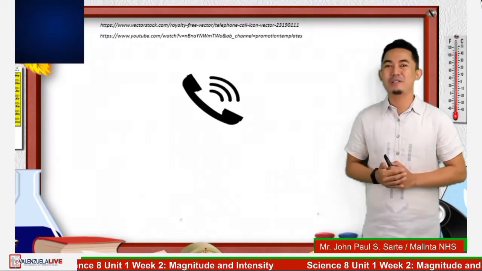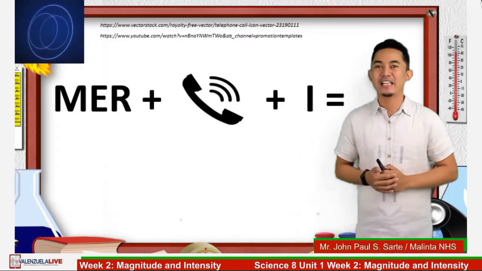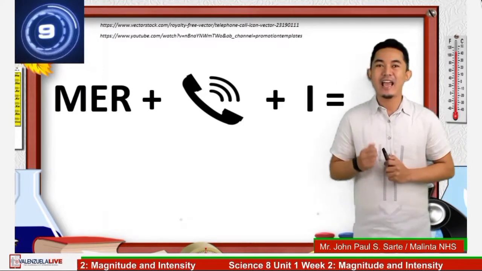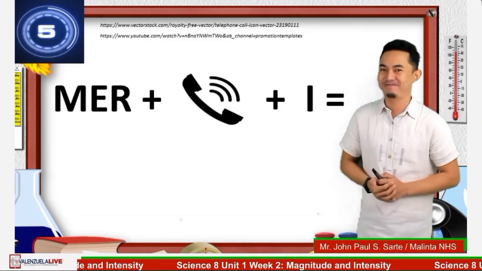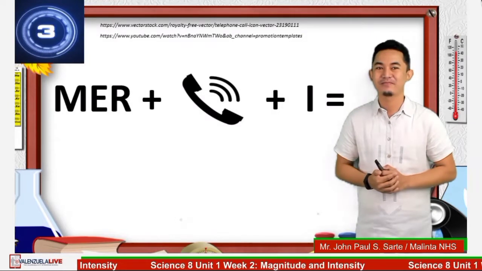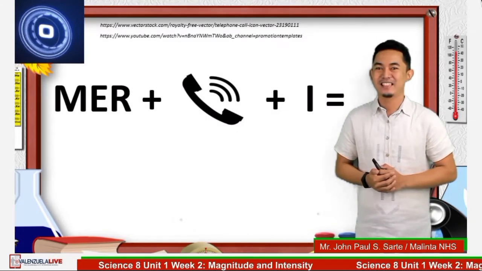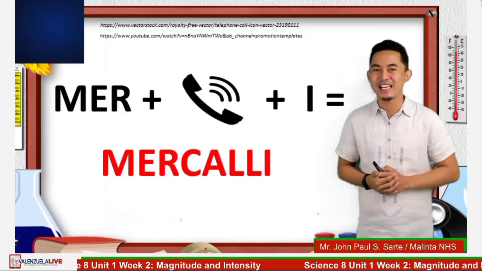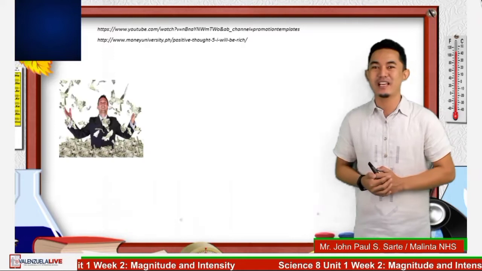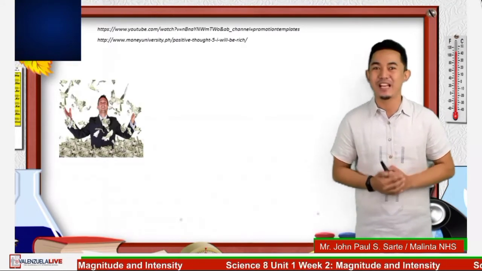Last two words for this, I have here MER added to this picture and letter capital I. What should be the answer? Exactly! Correct. That is Mercalli. And last word is this. Guess the picture, then arrange the jumbled letters.